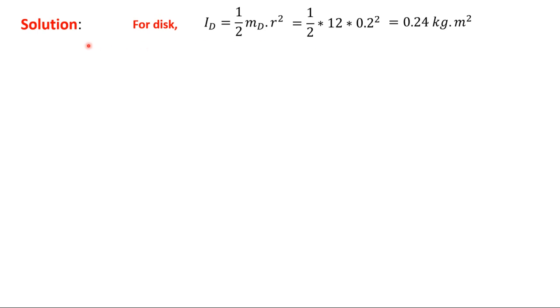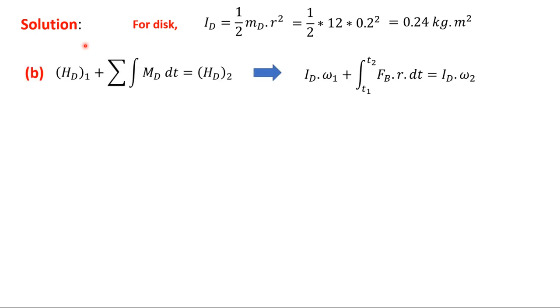Now we're going to apply the impulse equation. We have the hd1 plus the integration of the sigma of the moments around the point D as a function of time, equal to the hd2.